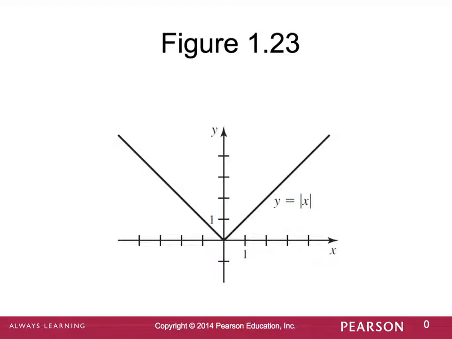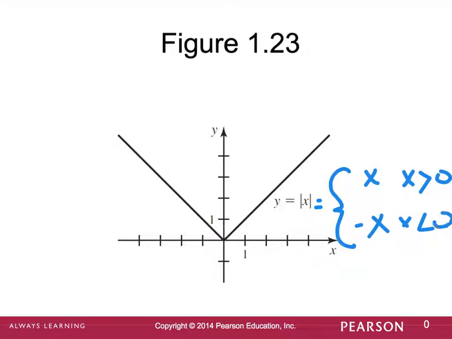Another type of function that we could have that's similar to a line is an absolute value function. And this is y equals the absolute value of x. Now, you should have in algebra defined this using a piecewise function to say that, well, this is really just 2 line segments, right? This is going to be y equals x when x is greater than 0, and it's going to equal negative x when x is less than 0.